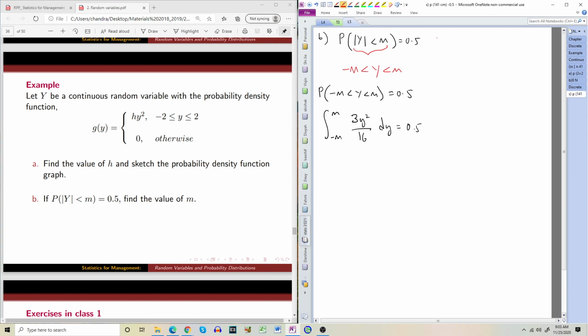If I want to rewrite the function now, it is just h y square, isn't it? So what is our h? 3 over 16.